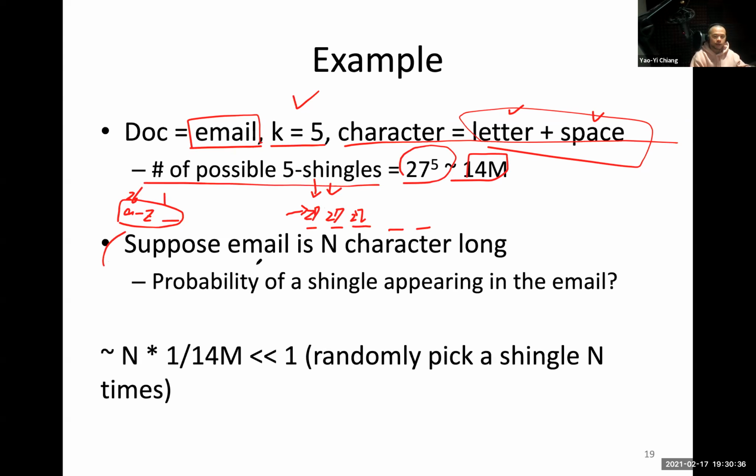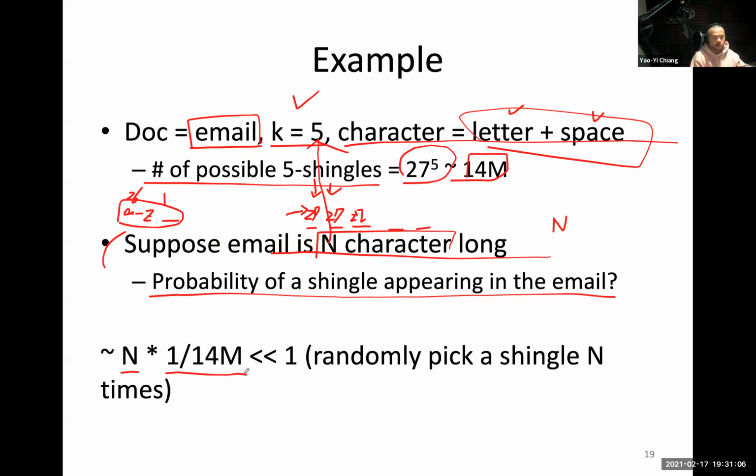And let's suppose your email is n characters long. The probability of a shingle appearing in the email is what? With n characters, we say approximately you are going to have n shingles, given that your n is much larger than 5. And what would be the probability? It's n times 1/14 million. How does this work?